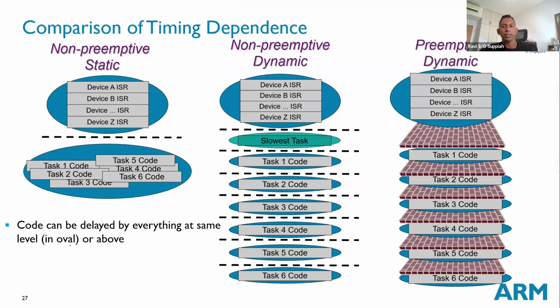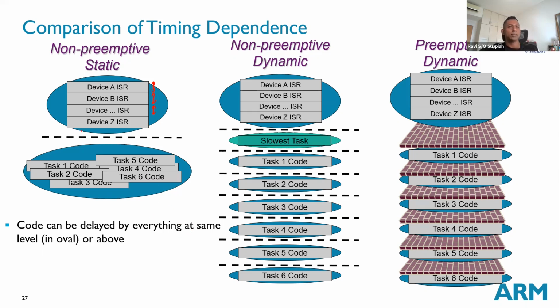In terms of the timing, what we are trying to show here is that for the ISR, for the non-preemptive static, each block for the ISR takes a finite amount of time, which we know, and all the task level code is such that everything can be delayed by the same amount of time.